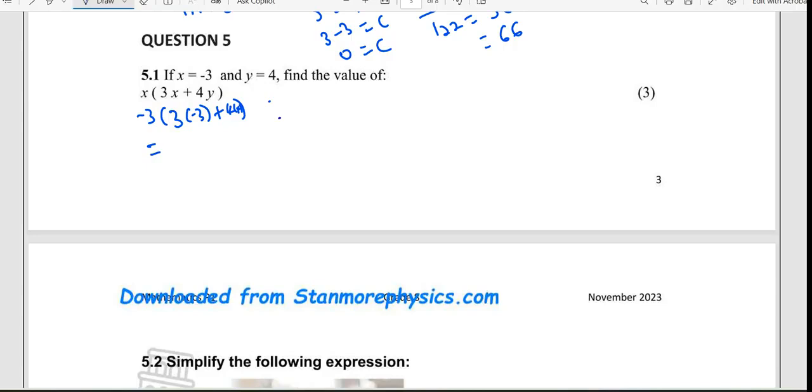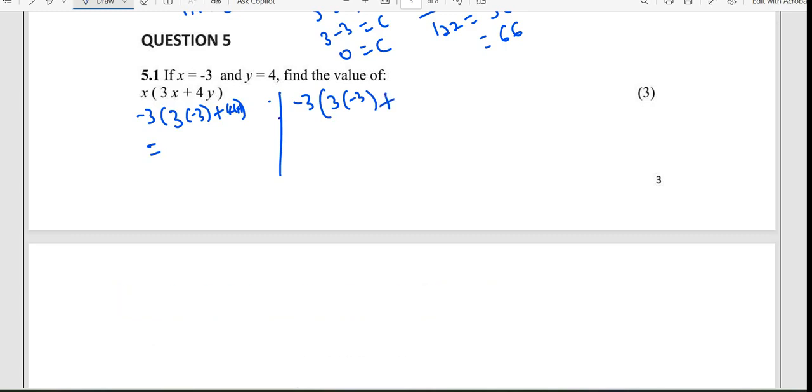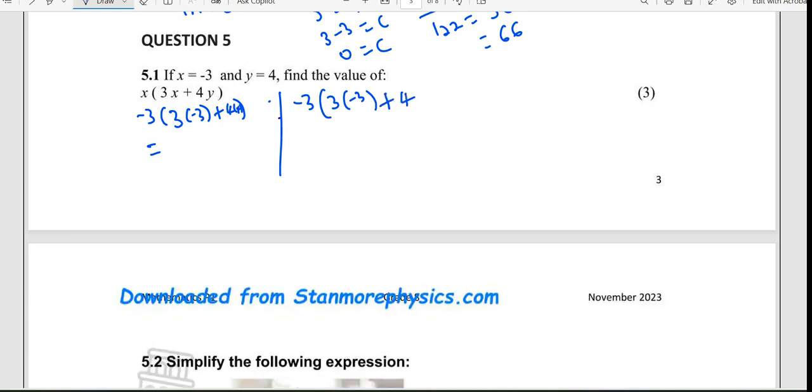So the answer is going to be, let me write it so that you can clearly see. Where there is x, I'm going to put -3, and then plus 4, where there is y, I'll put 4.